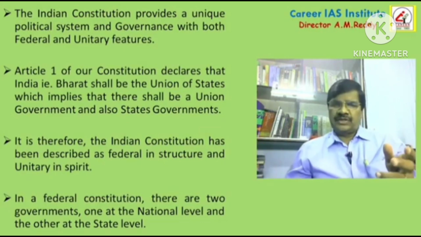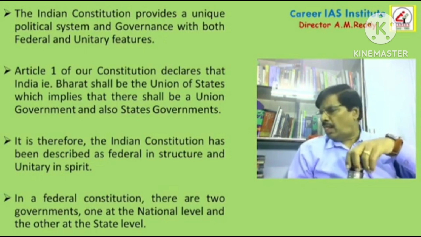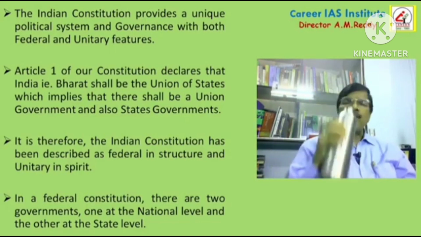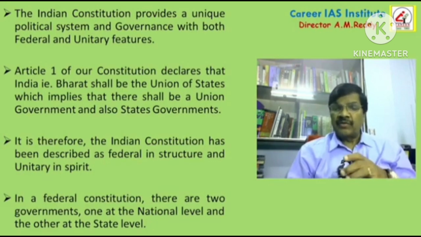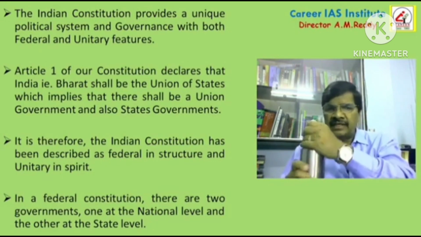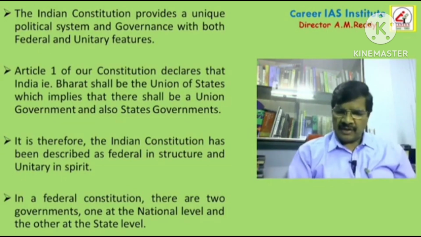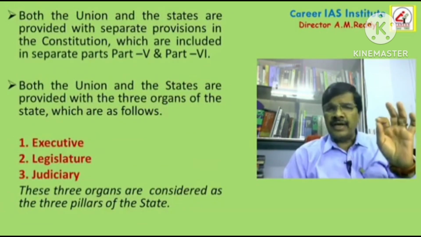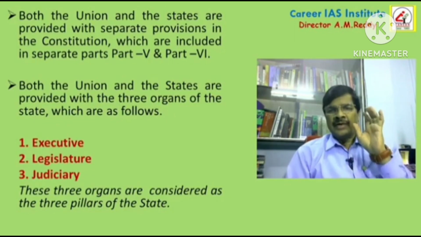In a federal constitution, there are two governments. What is a federal constitution? Federal means having dual governments. Dual governments means two governments, one at the national level and the other at the state level. So accordingly, we have union government and also state governments. Both the union and states are provided with, just now I told you, separate provisions in the Constitution.